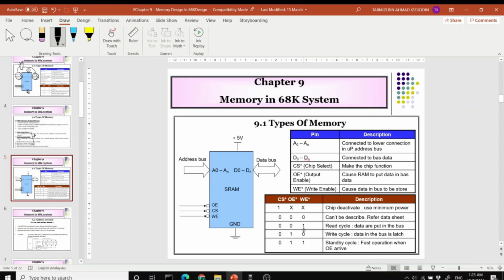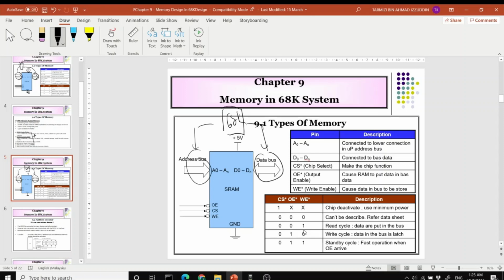So this is a typical architecture of your RAM chip. Similar to your ROM chip, we have an address bus here, and then we have your data bus again, which is connected to your 68K microprocessor.